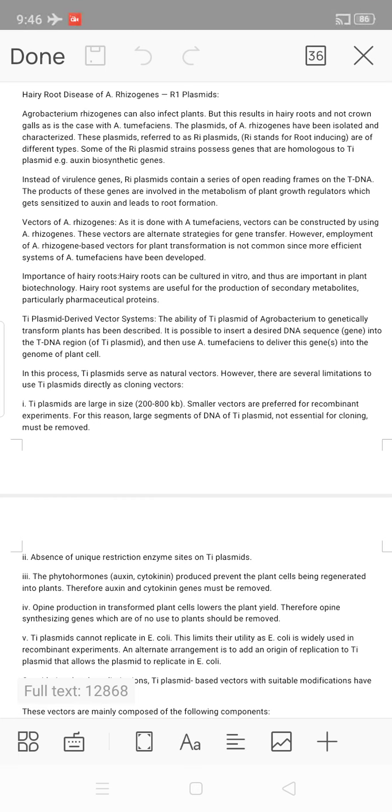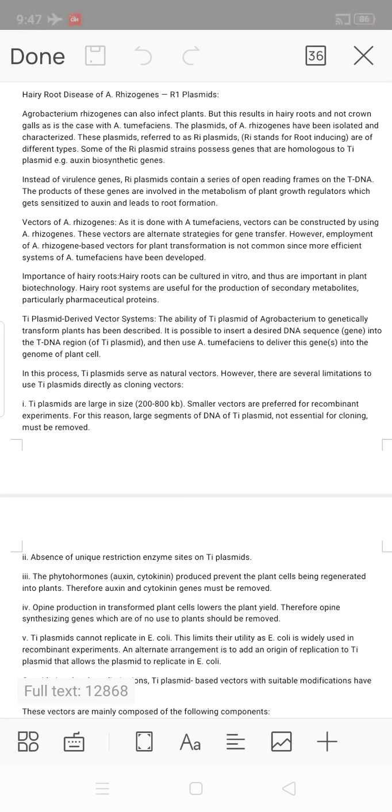Vector of Agrobacterium rhizogenes. As is done with Agrobacterium tumefaciens, vectors can be constructed by using Agrobacterium rhizogenes. These vectors are alternate strategies for gene transfer.